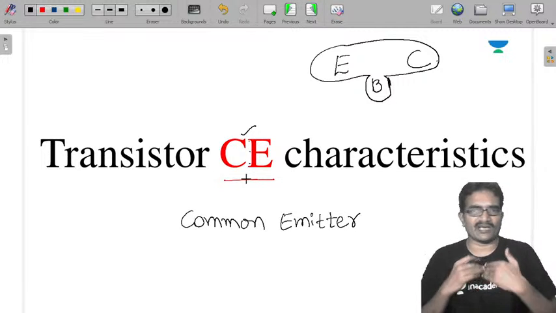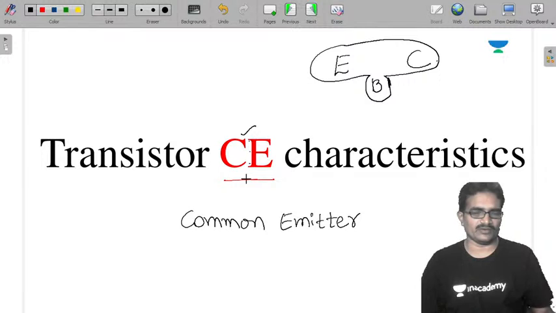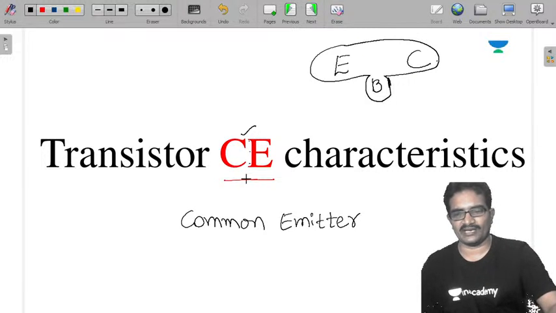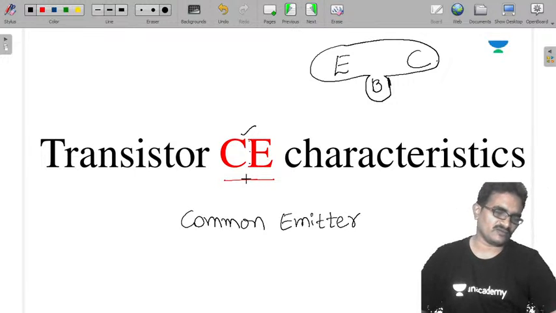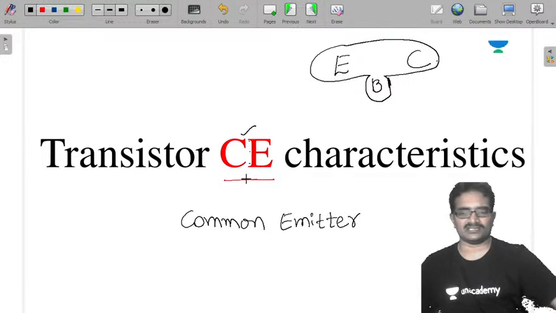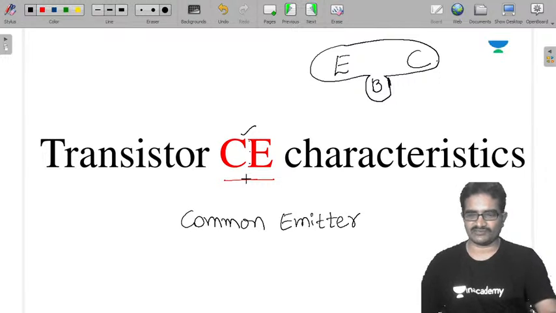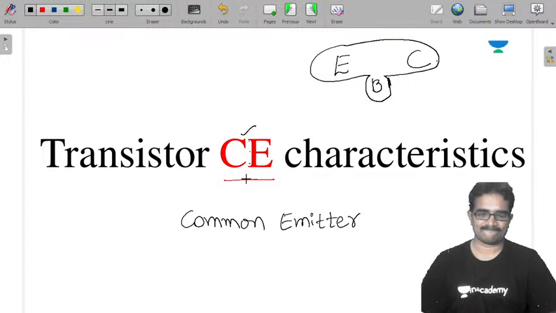Once your transistor is biased properly, only then can you design your amplifier from it. That's why you should be thorough with transistor biasing and transistor current components first.